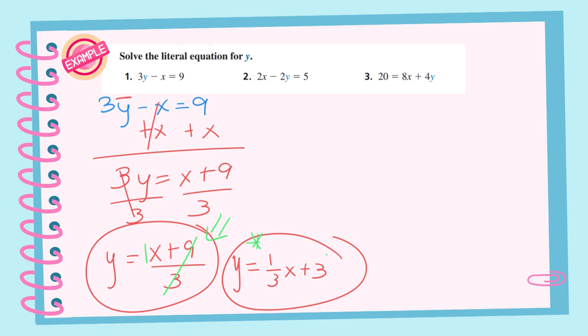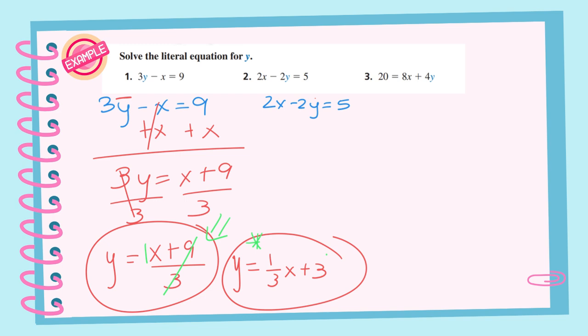Okay, let's look at number 2. Who are we solving again for? 2x minus 2y equals 5. If we're solving for y, what can I get rid of here first? Do we get rid of the 2x or the negative 2y first?